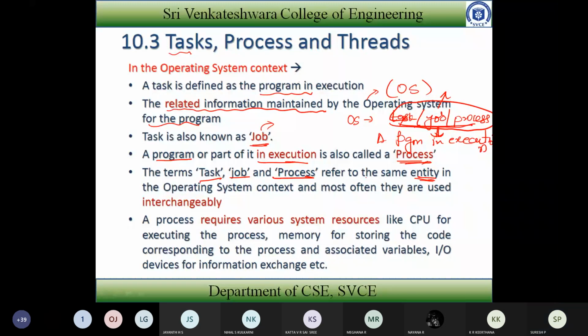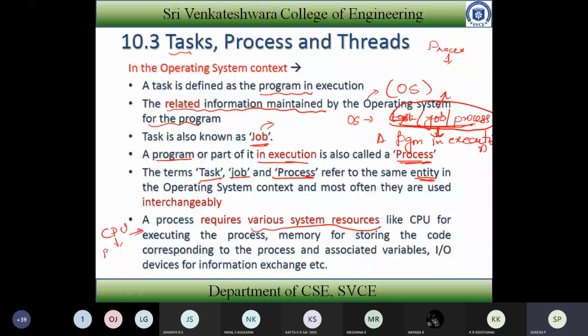Now, when any system process has to run, what does it require? That is the next question. If I want to run a process, it requires various system resources. If I want to run an application, first I should have a CPU. Even if the CPU is there, to run fast I should have RAM.